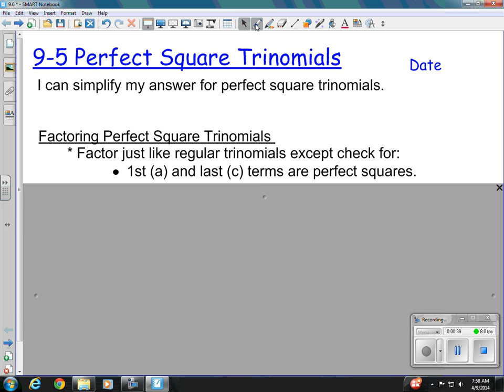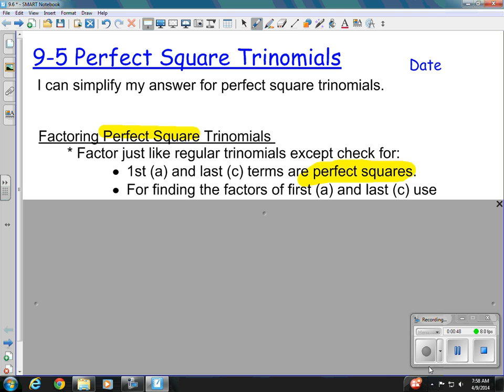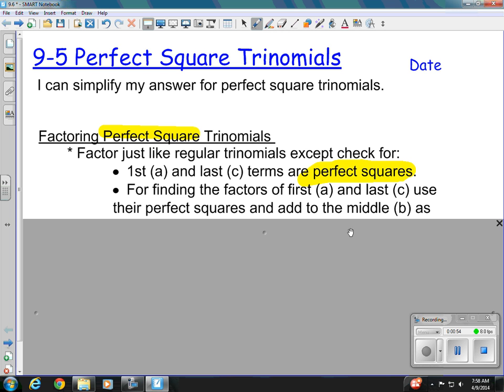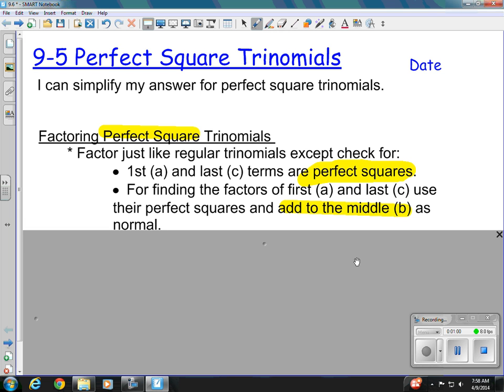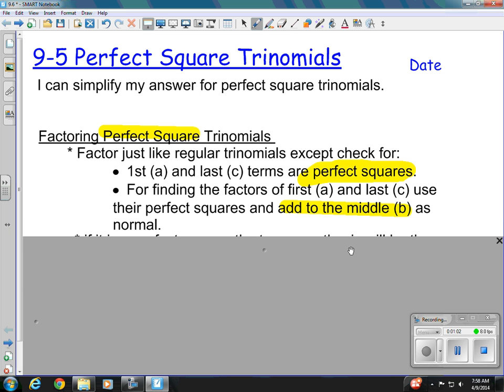So if they're perfect squares, I can save myself a little bit of work. For finding the factors of A and the last number, our C, use their perfect squares and add the middle, B, as normal. So that part doesn't change very much.